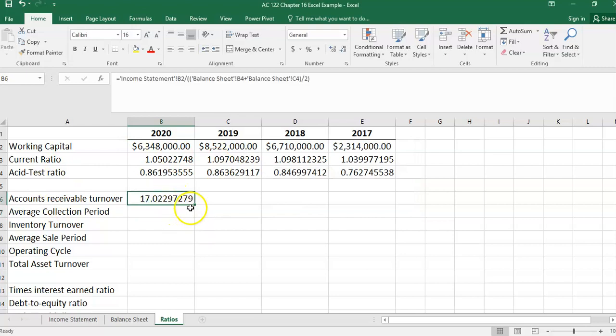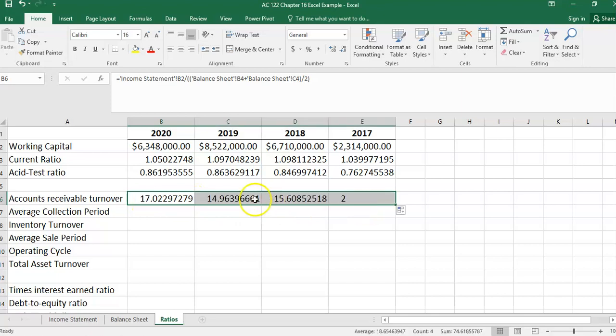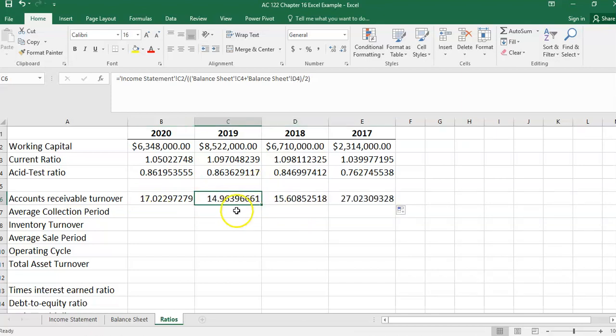So on average, we turn over our accounts receivable 17 times a year in 2020. We can copy that formula across. We can see that since 2017, the number of times, oh, I need to fix, there is no number in 2017.